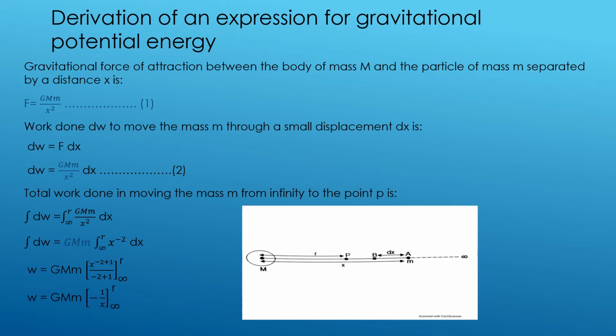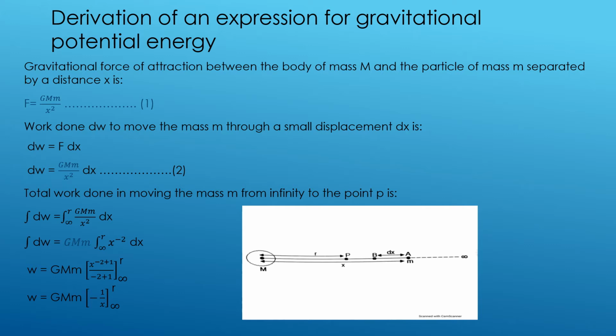So next step, we will take the constant term this side, and the variable term is x square. So we will integrate that. Integration of dW is equal to constants, that is G capital M small m, integration from infinity to r of x raised to minus 2 dx.